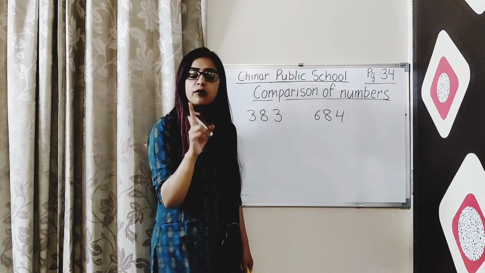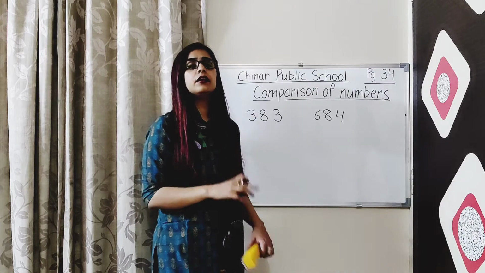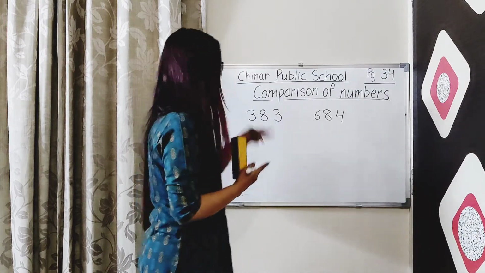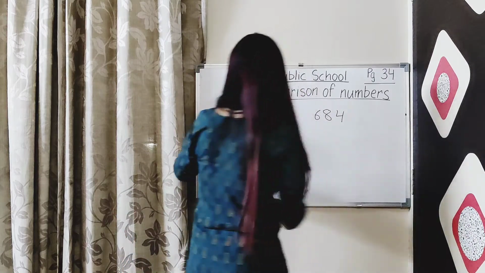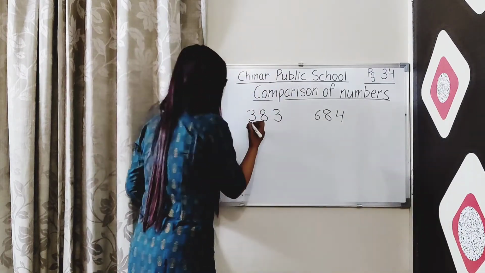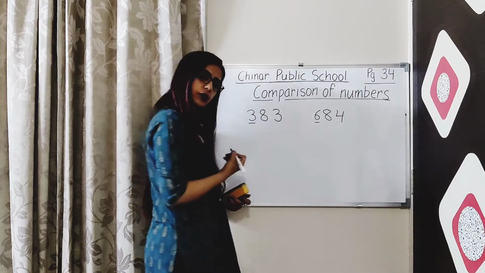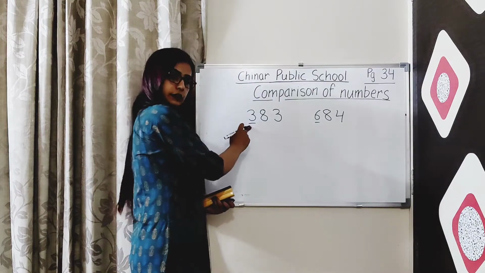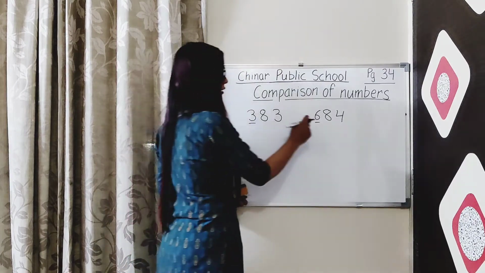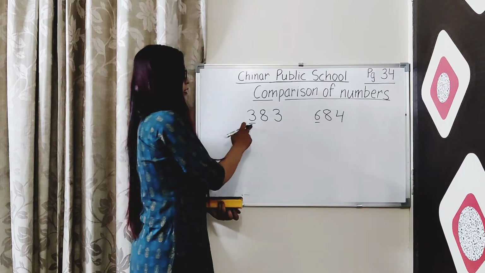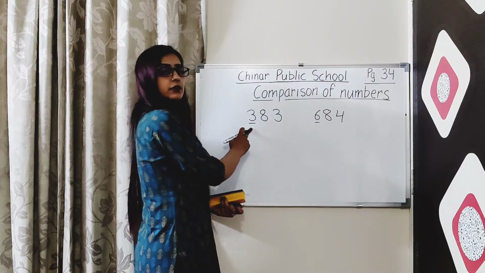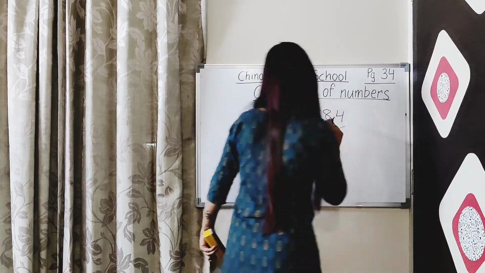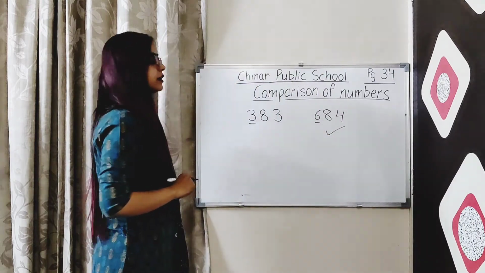Always start comparing the digits from the left side, or you can say from the first digit. Here it is 3 and here it is 6. So tell me which one is the bigger one? 6 is greater, so this number will be the greater number.